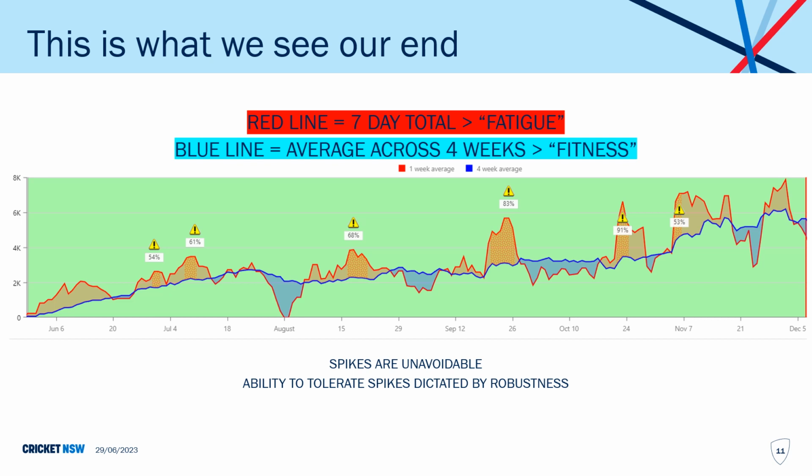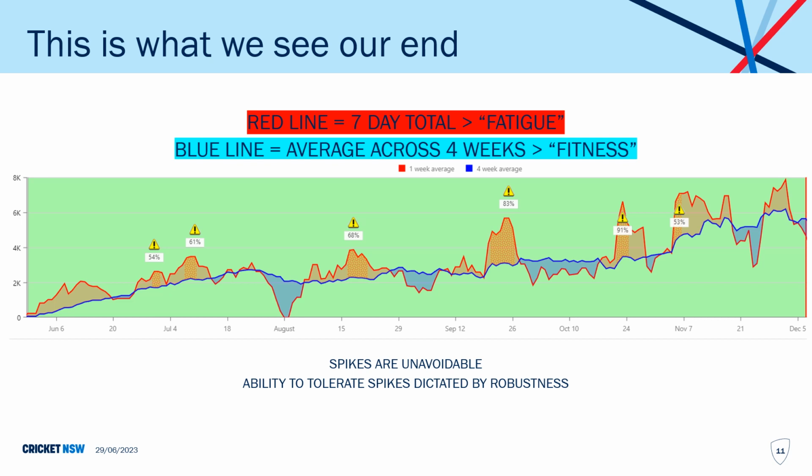Now the red line is the 7-day total at any point in time. In an ideal world, the red line and the blue line would stay very close together. But in reality, there are going to be weeks where you do more, weeks where you do less, because of maybe activity that you do away from Cricket New South Wales, or illness, or exams, or an off week, or there's a deload in the programme.